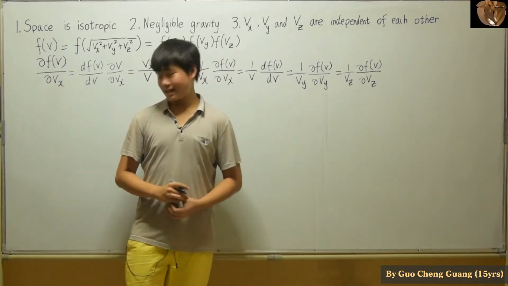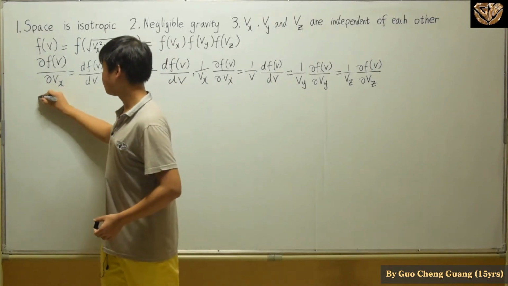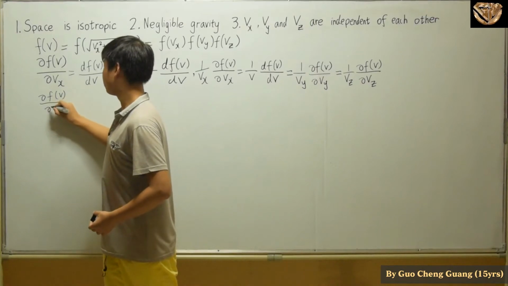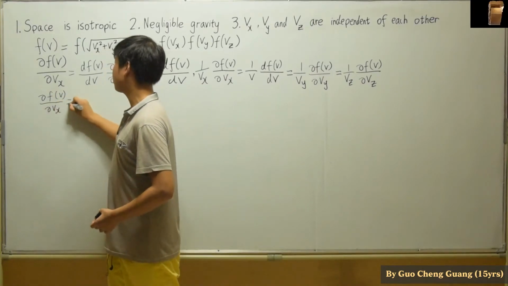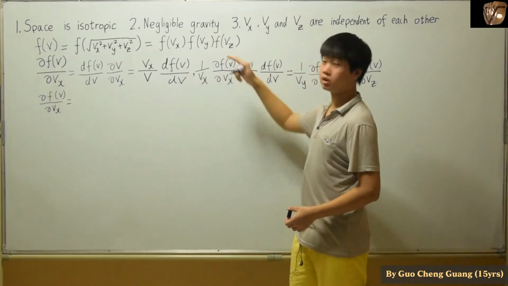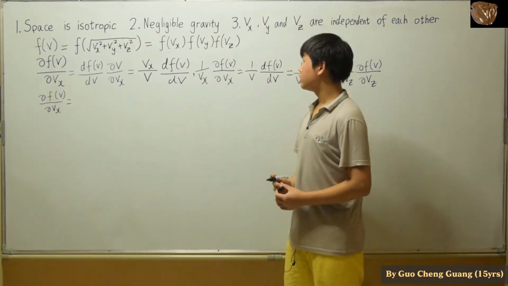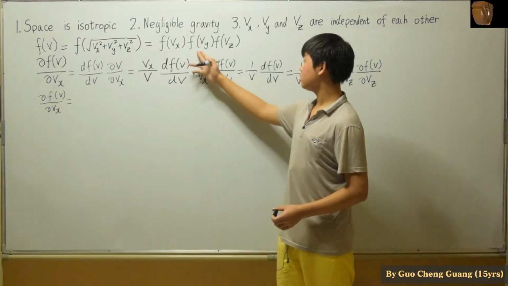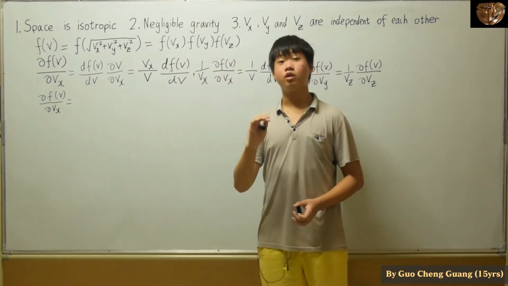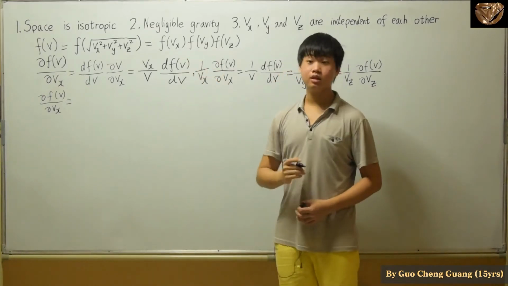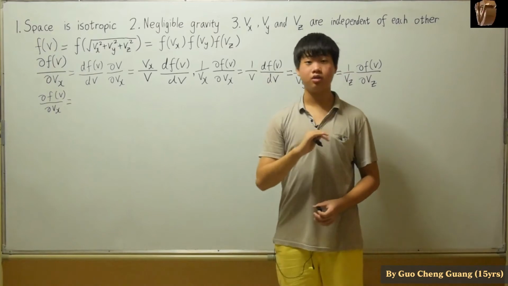So what exactly is that second way? Partial f(v), partial vx. Now this second way, you're going to take a look at this portion behind here. Since they're independent of each other, that means you could take these two as just a coefficient when you're solving it, since when you change vx, it is not going to affect the others.